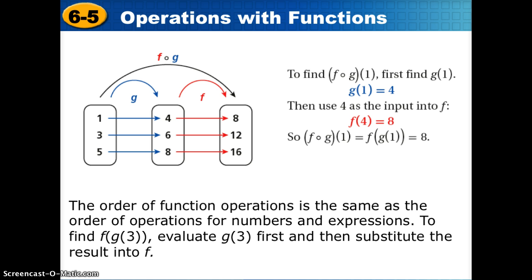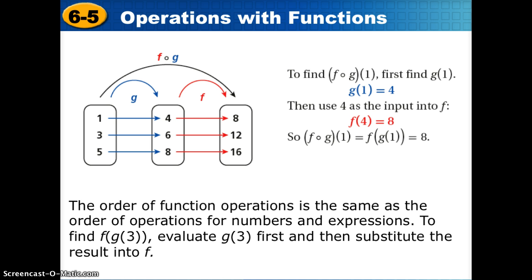In this case, we have a function g where, when 1 is the input, 4 is the output. And we take that 4, the output of g, and we input it into function f, and the output of function f is 8. So that means f of g of 1 is going to be equal to 8.